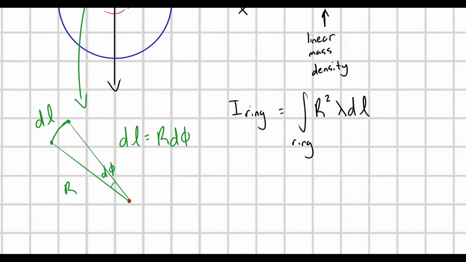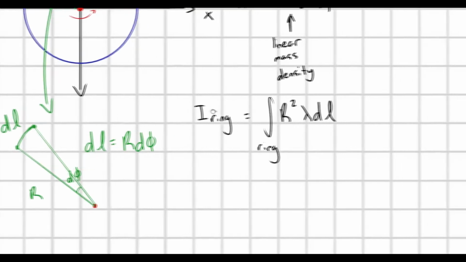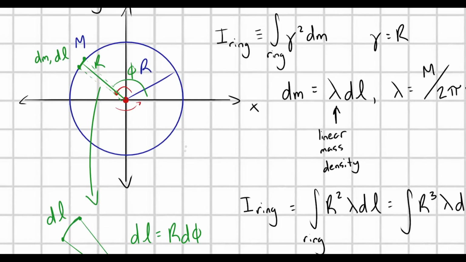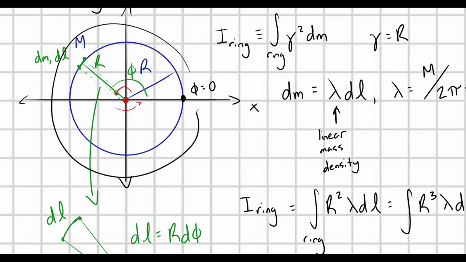Beautiful. So we're going to have that the moment of inertia of the ring is equal to the integral of r squared lambda dl, which is equal to the integral of r cubed lambda d phi. And where's this going to range from? Well, I know that for a ring, if I start at phi equal to 0, and I go around the entire ring, something like this, right? We go around the entire ring. We have 2 pi radians in a circle, right?